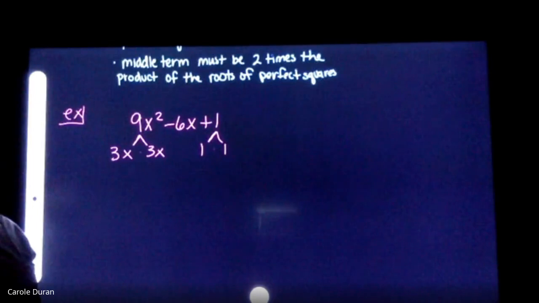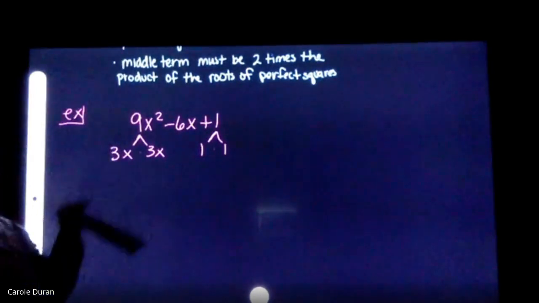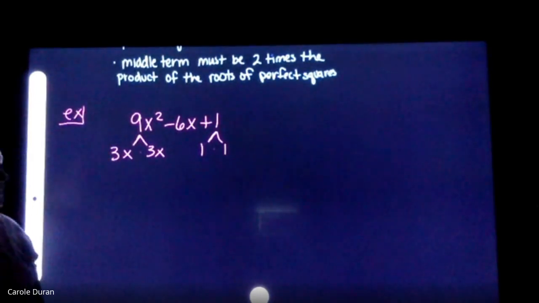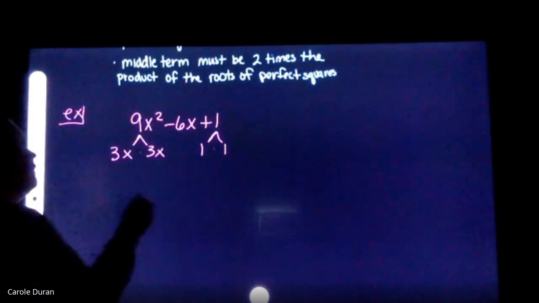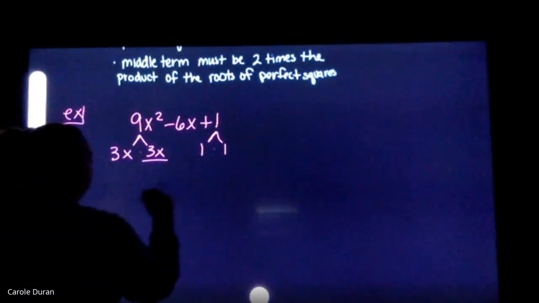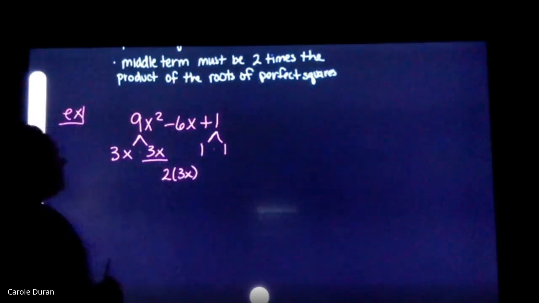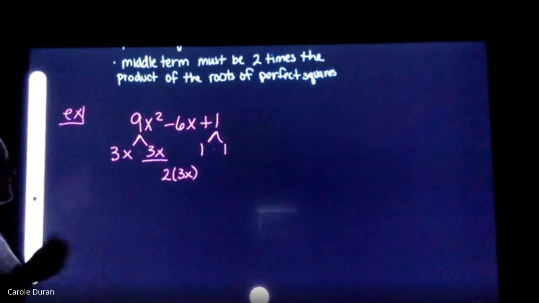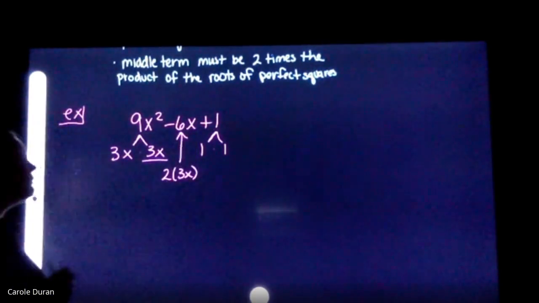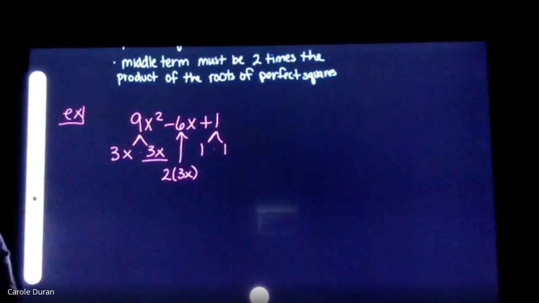The last thing I need to check is that the middle term is going to be twice the product of my 2 roots. So 3x times 1 is 3x. If I double 3x, it turns into 6x, which is in fact that middle term right there, which means I can go ahead and factor this.